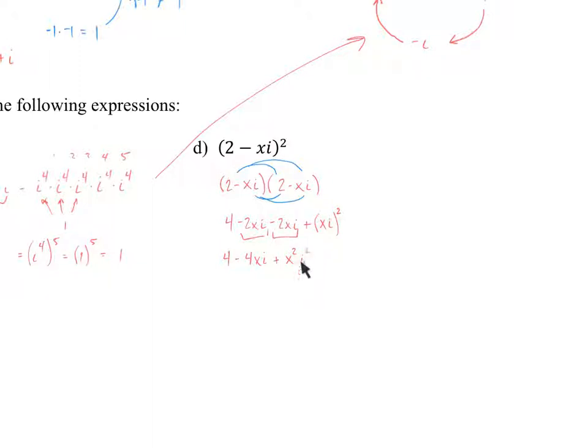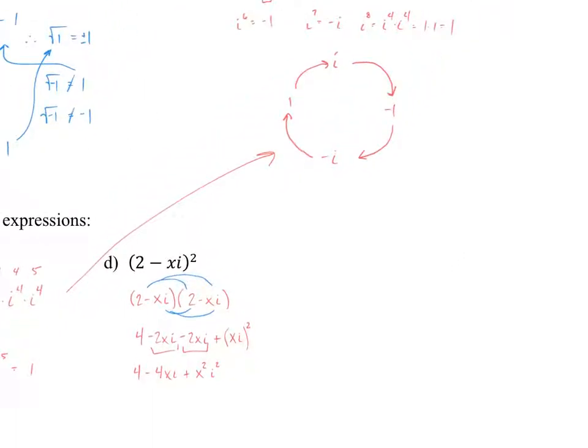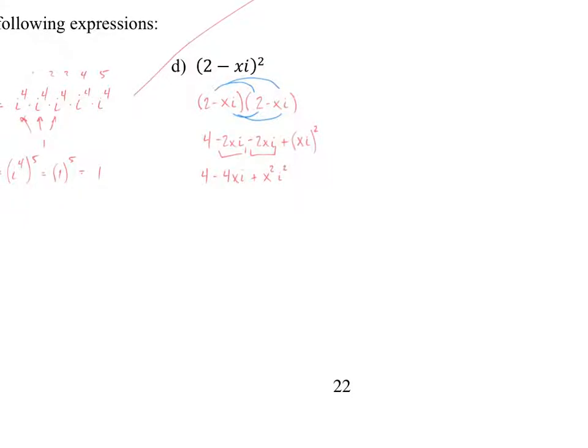I know that i squared, if I look over at my i cycle, i squared is right here, that's -1. So what I'm going to do is replace that with a -1, and that starts to make it just a little nicer for us to organize, minus x squared.